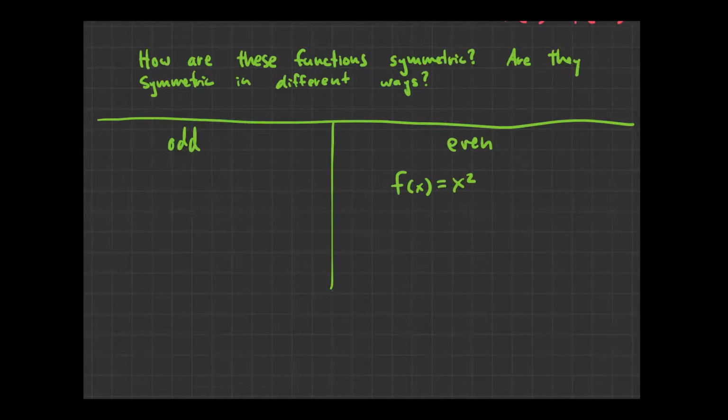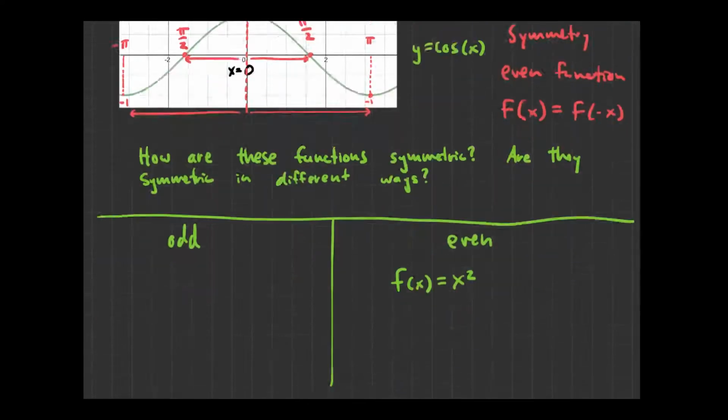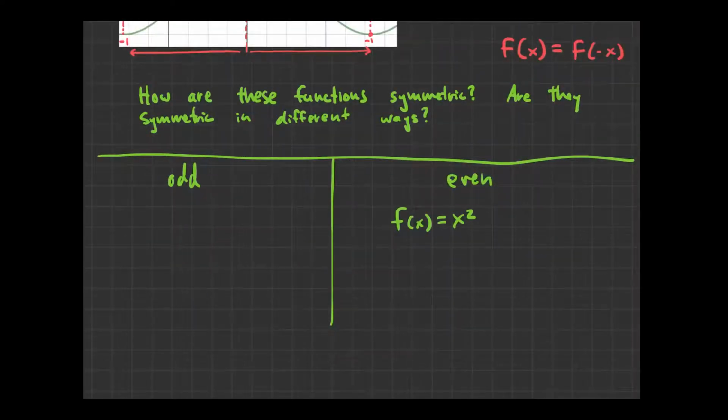So let's see if it works with our requirement that for an even function, if I take the negative, I should get the same thing as if I had taken the positive, right? And I think that we probably would, right? So f of negative x would be, well, negative x squared, which is the same thing as positive x squared, right? So that is an even function.